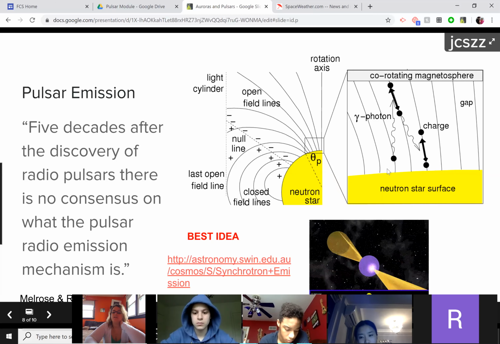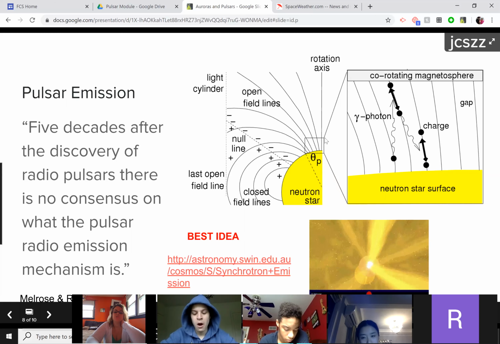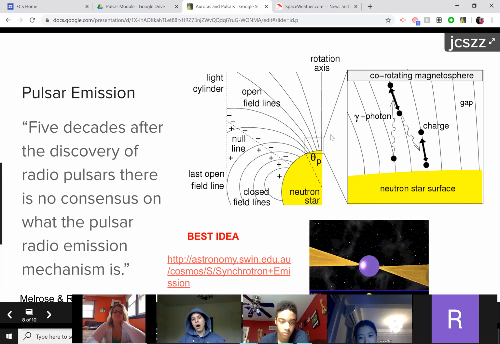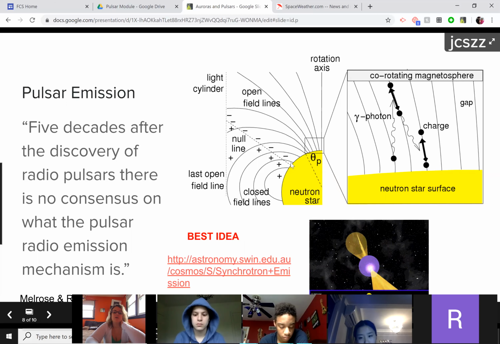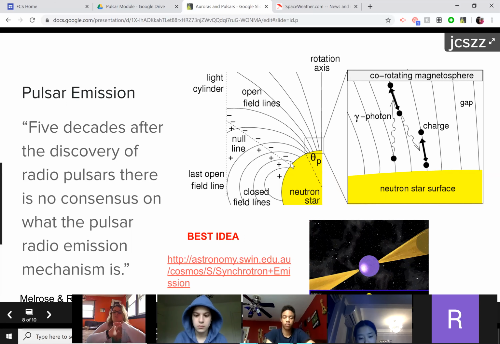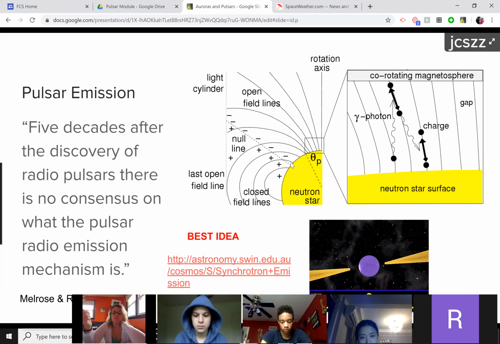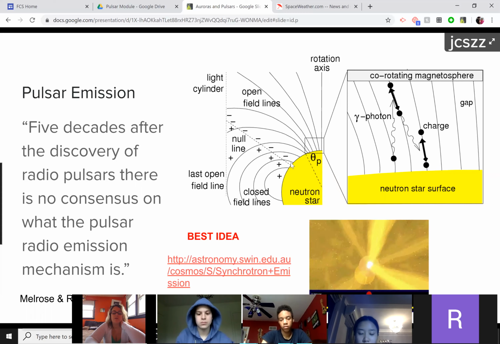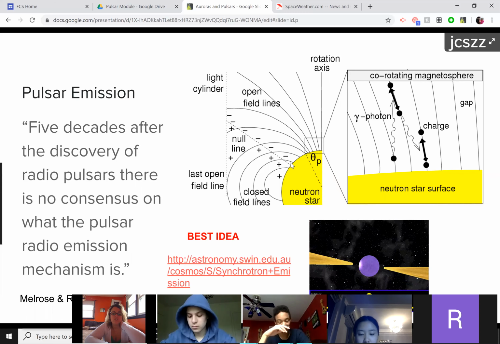So you've got your neutron star surface, you've got these charges lifting up. This is zoomed into this portion of the neutron star. You've got field lines that are entering in at the poles. You've got particles spiraling around there, and it could be synchrotron radiation or it could be some other mechanism of emission.